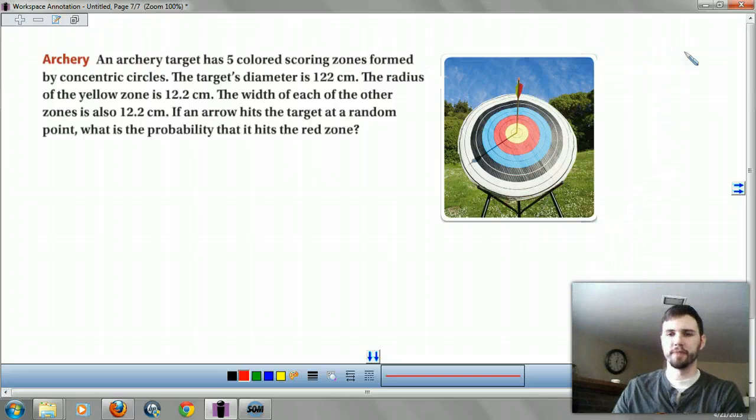This is a tough one. Don't miss the target on this one. Archery has 5 colored scoring zones: yellow, red, blue, black. Each one is 12.2 for the radius.